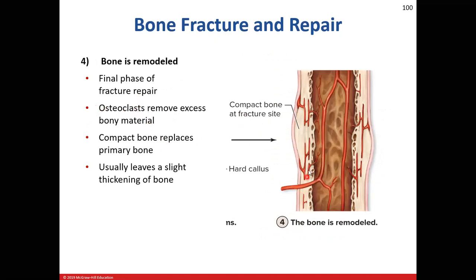Now we start to see where the compact bone replaces the primary bone, and you'll see that we develop the rest of this medullary cavity as the remainder of the blood vessels are fused. This can actually leave a slight thickening of the bone at that location. Oftentimes this will lead to a region that's actually stronger than what it was prior to the fracture.